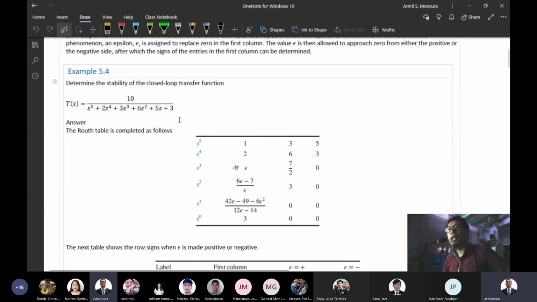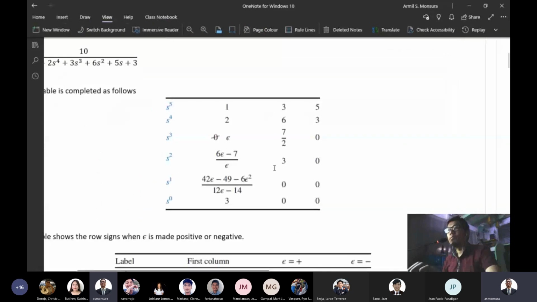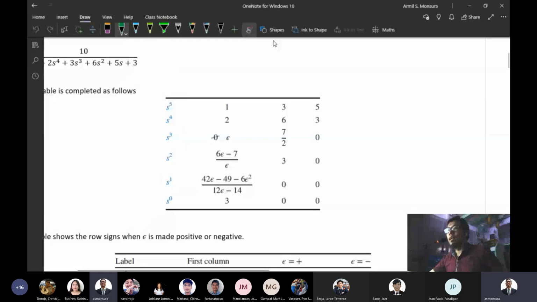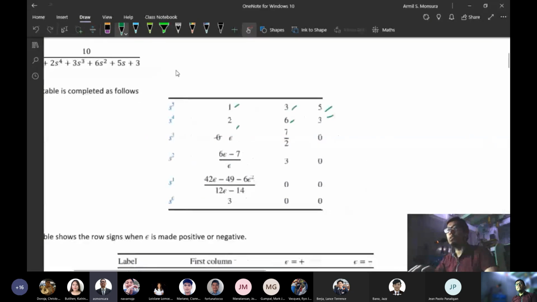Okay. So kapag tiningnan natin yung ating route table for this one, we will have 1, 2, 3, 6, 5, 3 as yung coefficients ng ating closed loop transfer function.